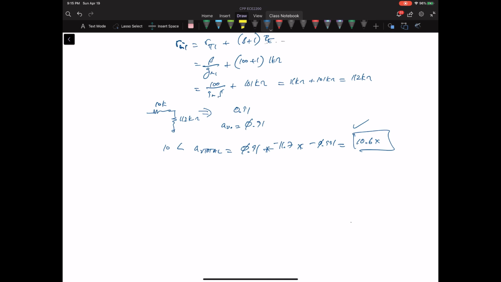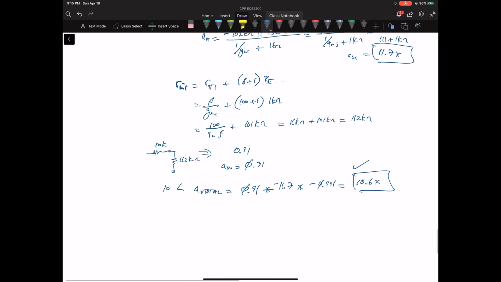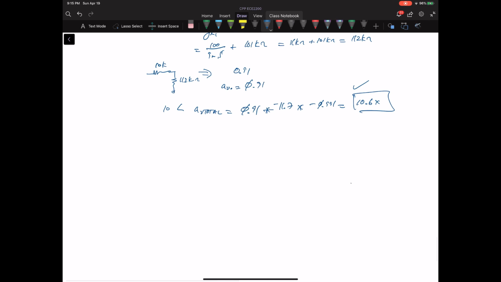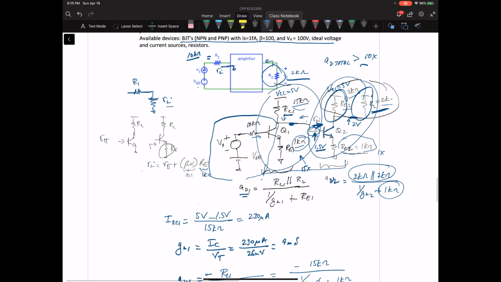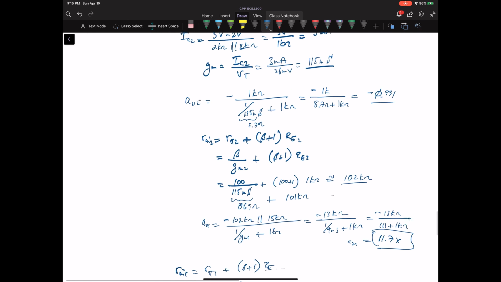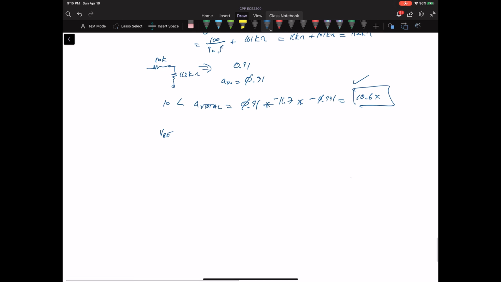So we've got all our components. The last thing we want to do is get the VBE, this VBE, which is not the same as this VBE. I'm going to call that VBE1, which is V sub t natural log of IC over IS.